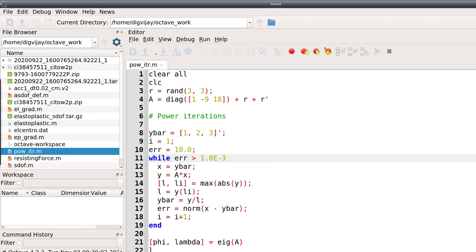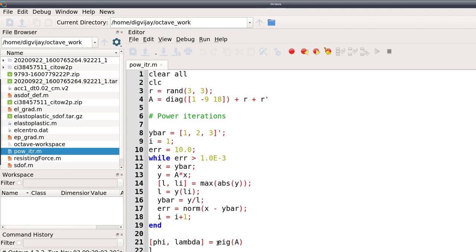And just to see the eigenvalue and eigenvector in the end, I have found out this. This L value is the maximum absolute value of y, which is the infinity norm. That infinity norm itself is our eigenvalue, and the eigenvector is given by the final value of y bar.